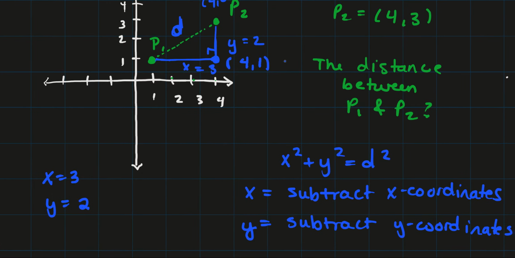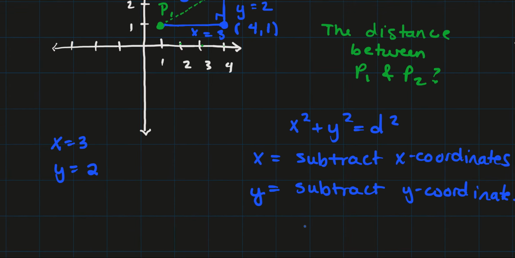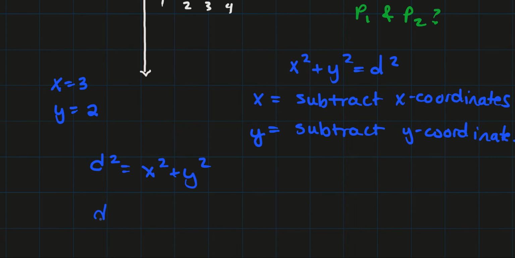And I'm going to give you a formula for this to make it a little bit easier. So to find d, we take the square root of both sides. So d squared is x squared plus y squared. If you take the square root, you get a plus or minus square root of x squared plus y squared. But remember that distance, we're going to make that a positive number.